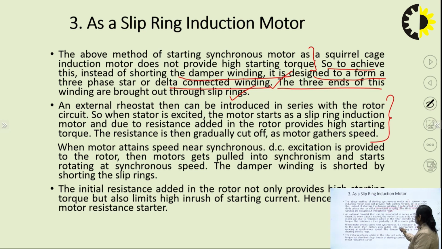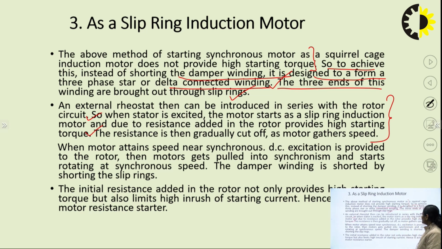So, just like a three-phase slip ring induction motor, at the time of starting, high external resistance is kept in the damper winding circuit. When the motor picks up the speed, gradually this resistance is reduced, and when the motor attains the normal speed, that is somewhat less than the synchronous speed, the external resistance is cut out completely from the damper winding circuit, right?